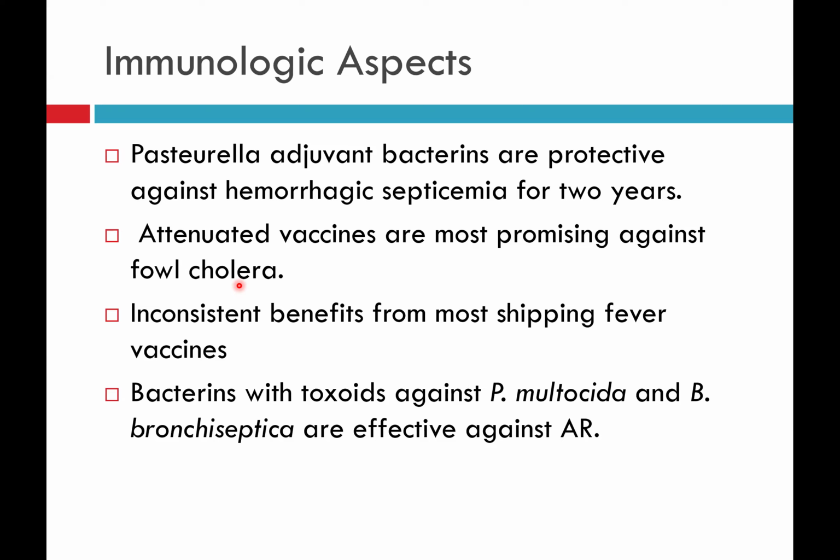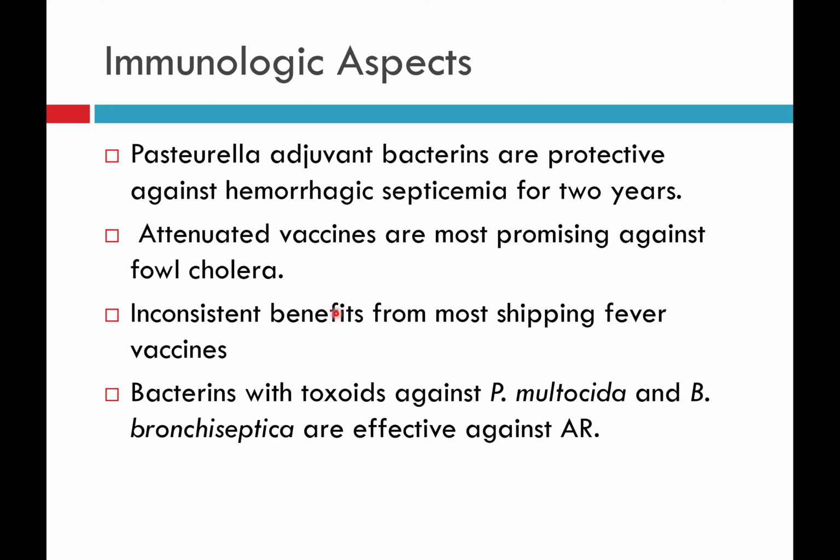And then there are some vaccines for fowl cholera, so that is Pasteurella also. Then there are inconsistent benefits from most shipping fever vaccines. For shipping fever in cattle, the vaccines are not very effective, mostly because there are other bacteria and viruses involved. For example, there is bovine herpesvirus 1, there is Mycoplasma, etc.